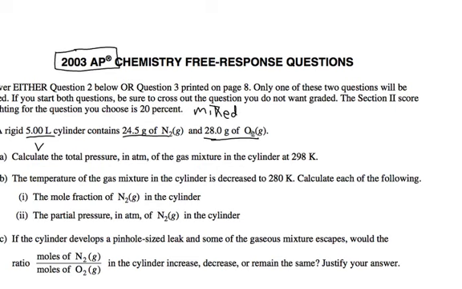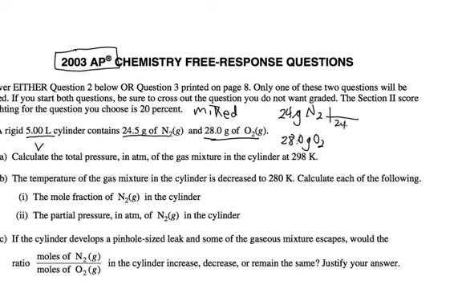Also, when you have grams in any type of gas problem, you traditionally want to convert these grams to moles. So if you converted 24.5 grams of N2 to moles, and the 28.0 grams of O2 to moles.